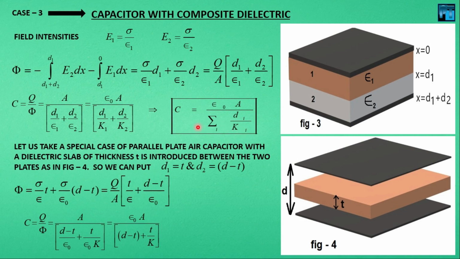So C increases if we add the dielectric, whether it be composite or non-uniform.